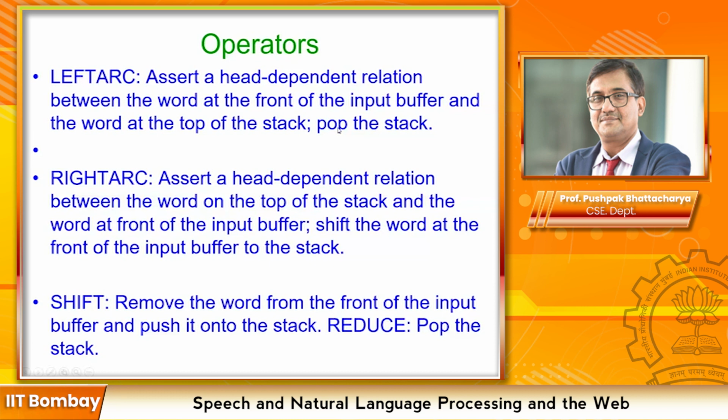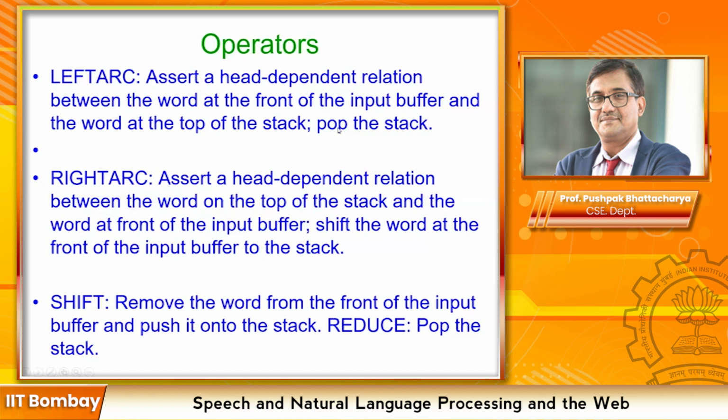Right arc: assert a head dependent relation between the word on top of the stack and the word in front of the buffer. Shift the word at the front of the input buffer to the stack. And then shift is remove the word from the front of the input buffer and push it onto the stack. Reduce is pop the stack.